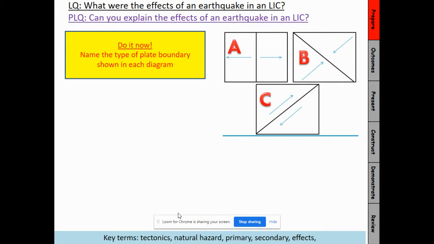I'm not expecting you to know all of them. You might not know any of them. It depends how much you've studied this before we broke up for lockdown. So just pause the video now, take a couple of minutes to name the type of plate boundary shown in each of the diagrams. You've got A, B and C here. Okay, pause the video, off you go.